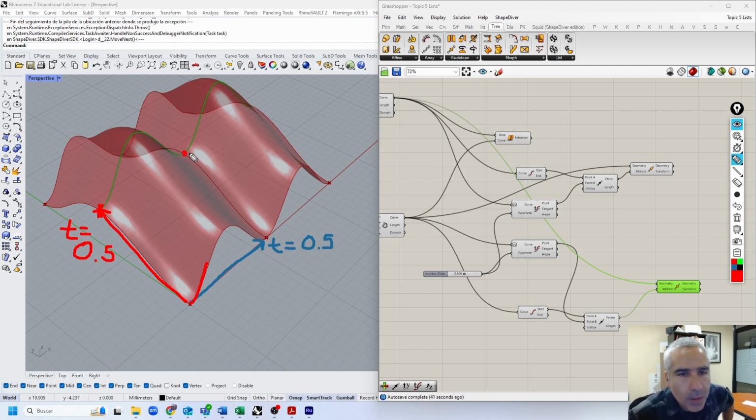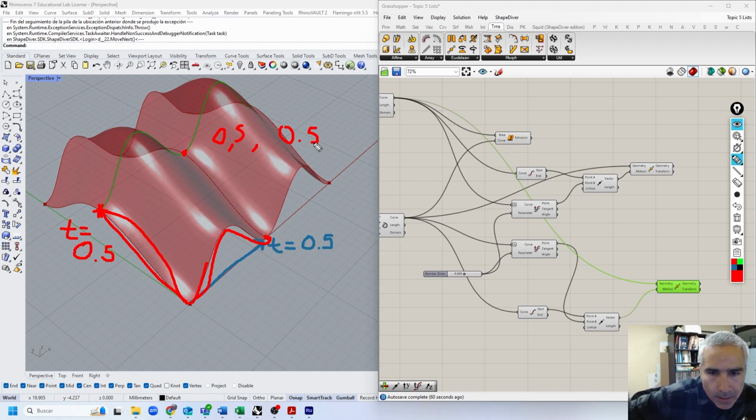Right? So you can say that this point right here is exactly at half of one direction, and then exactly at half of the other direction. So this point right here is at 0.5, comma 0.5. So that's what's going on. And that's a way of understanding surface domains.